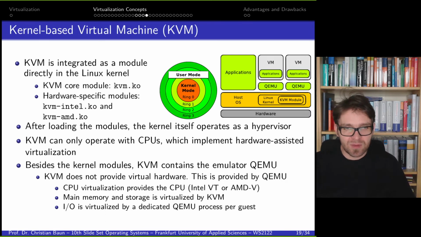And so we have a differentiation here. The CPU virtualization is implemented by the CPUs itself, by the Intel or AMD CPUs. The main memory and storage is virtualized by KVM itself, using the Linux kernel, and the I/O is virtualized by QEMU emulator processes.